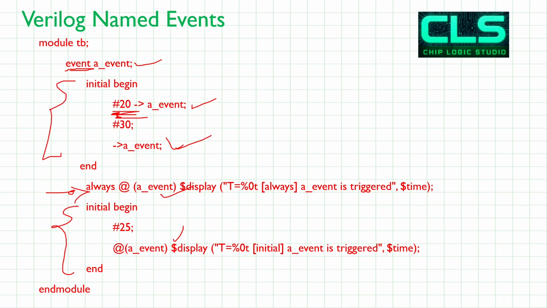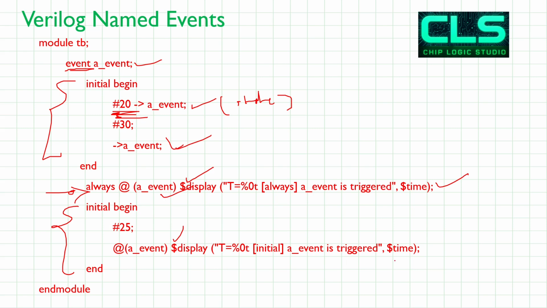Now you can use @event. So @event means whenever the event changes, or whenever there is an event, it will check every time and this statement will execute. So now you are using this event statement for execution of this display statement. Here you can write one statement and execute that.